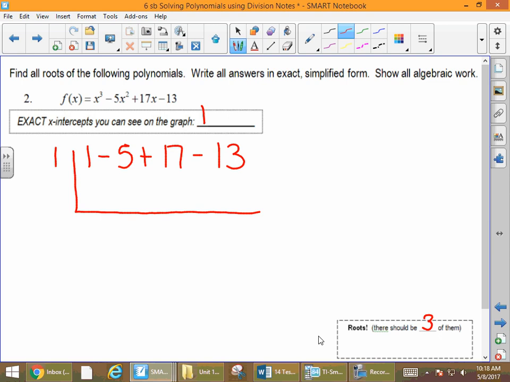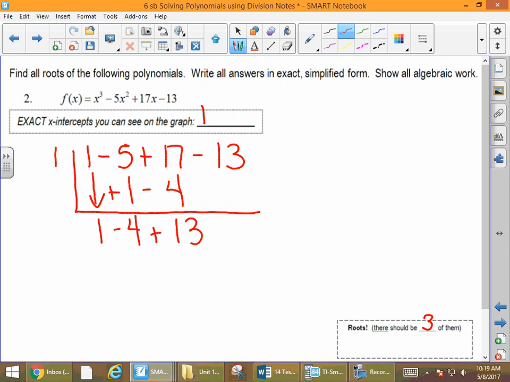Carry down the first term. 1 times 1 is 1. Negative 5 plus 1 is negative 4. 1 times negative 4 is negative 4. 17 minus 4 is 13.